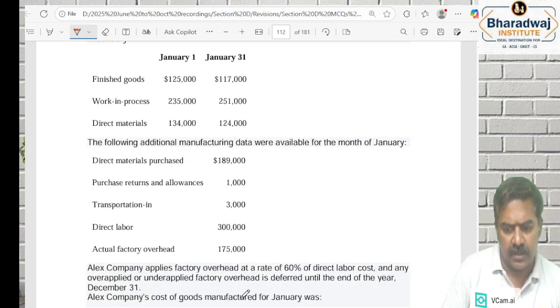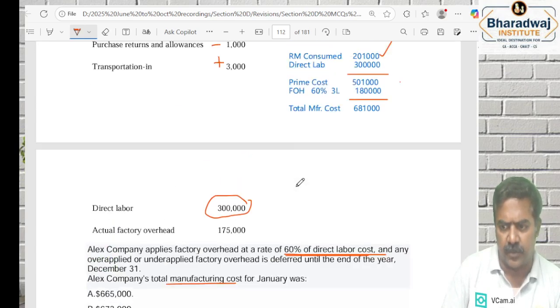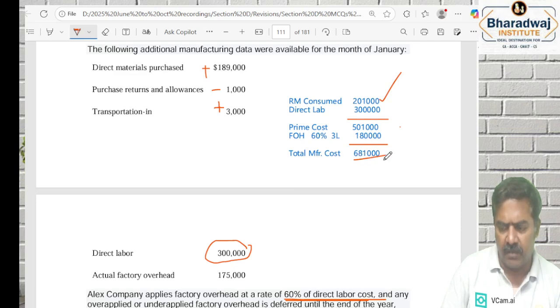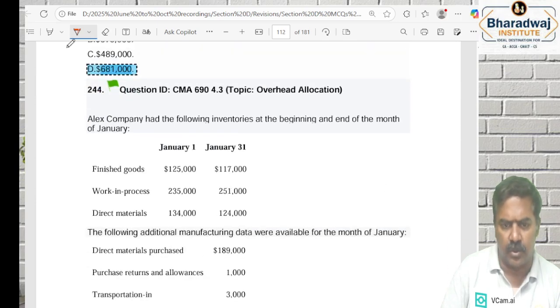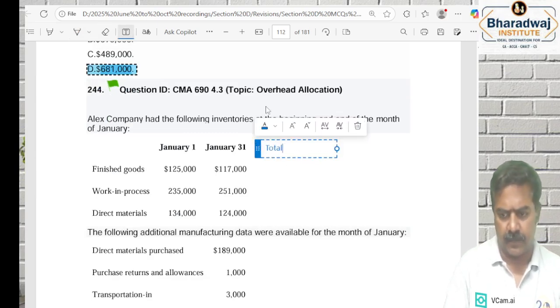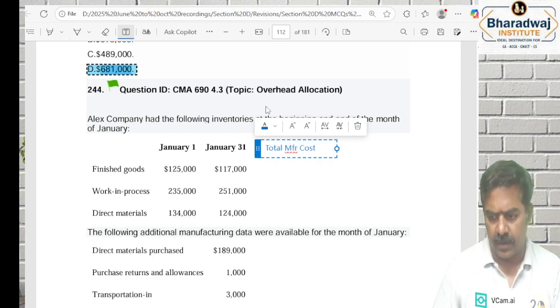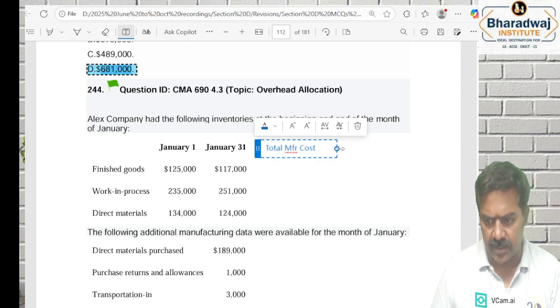Same question. They ask you to find out cost of goods manufactured. We worked out 6,81,000, that is your total manufacturing cost. Total manufacturing cost is 6,81,000.